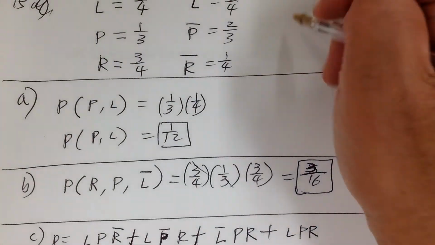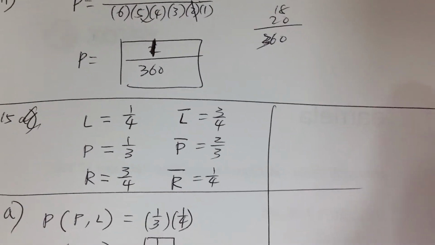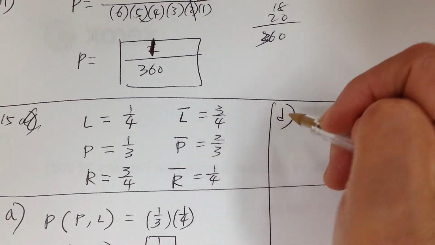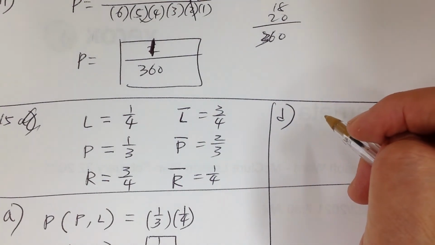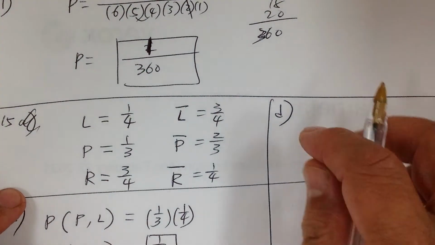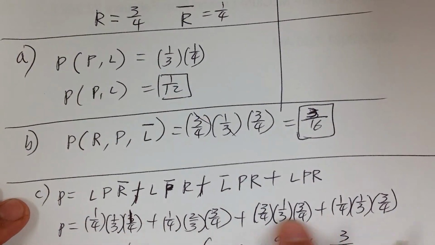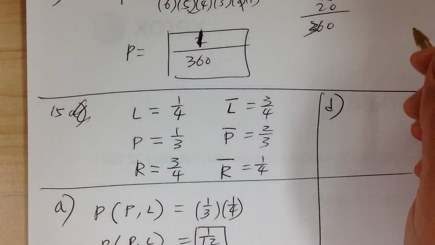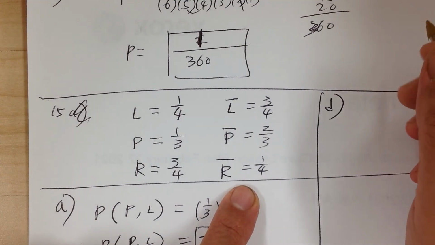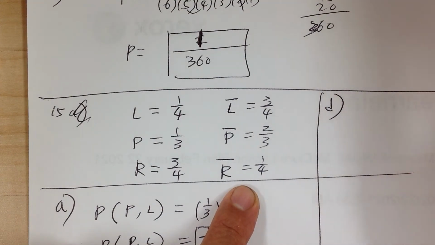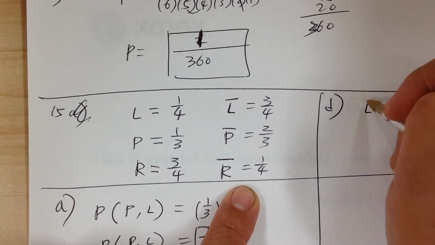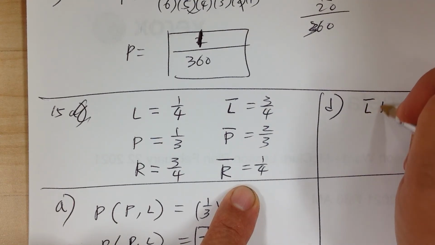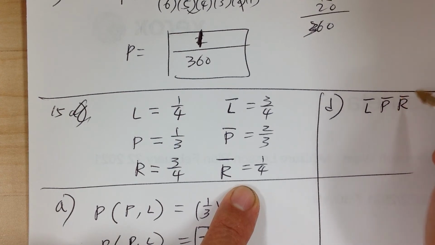Okay, I'm going to come up here to do part D. Now when you have at least 1, you're going to get 7 different scenarios, so it'd be too messy. So what you want to do is just do the complement. At least 1 is the opposite of none, so we do the none first. It'd be L complement, P complement, R complement.